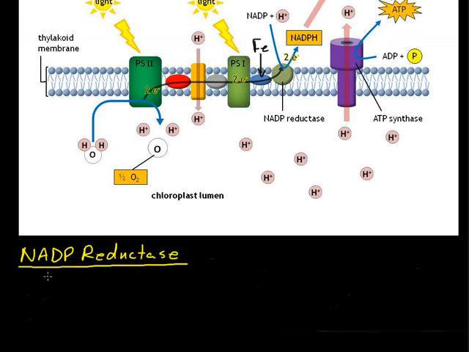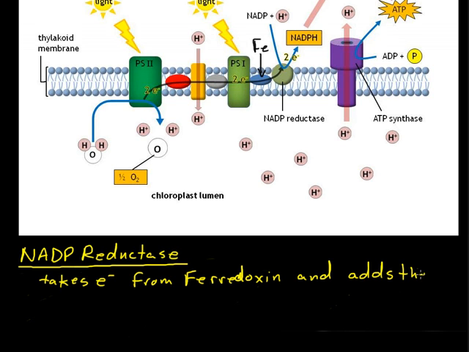NADP reductase, we'll say, takes electrons from ferredoxin and adds them to a molecule called NADP.